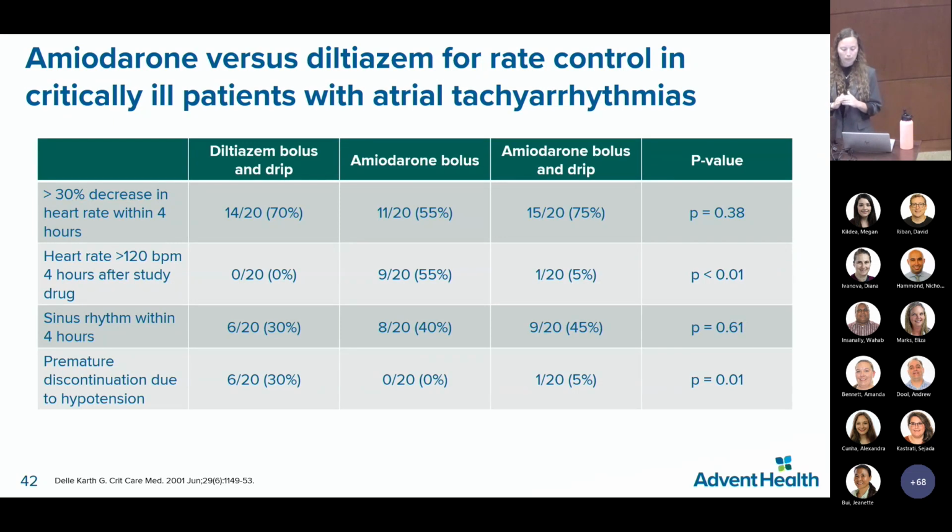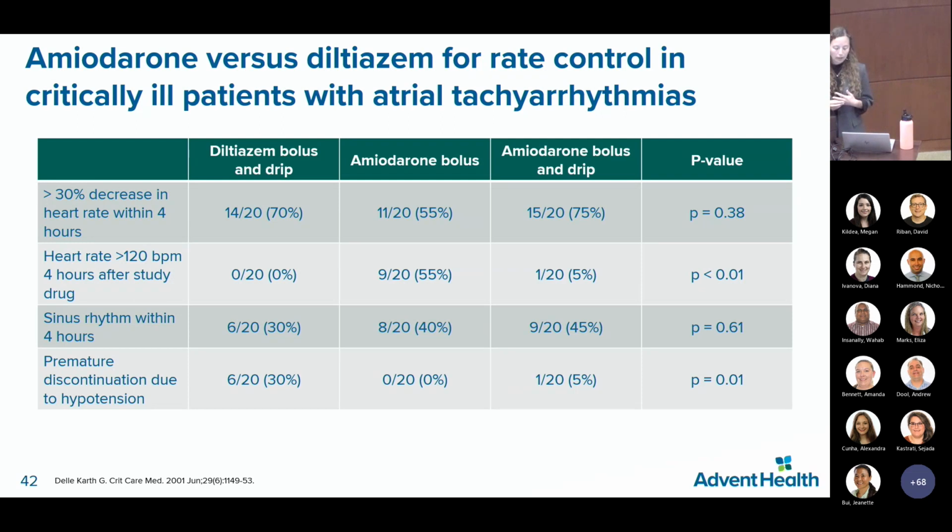Amiodarone and diltiazem had similar effectiveness for rate control when amiodarone was given as a bolus followed by continuous infusion. There was more discontinuation due to hypotension in the diltiazem group. So to summarize the study, diltiazem, while an effective agent, has its use limited by hypotension.